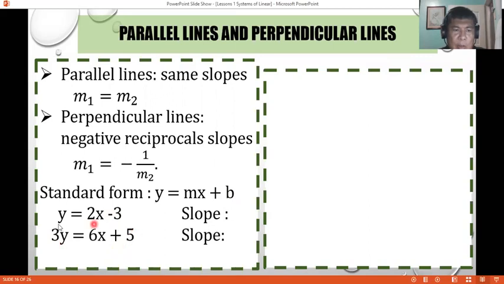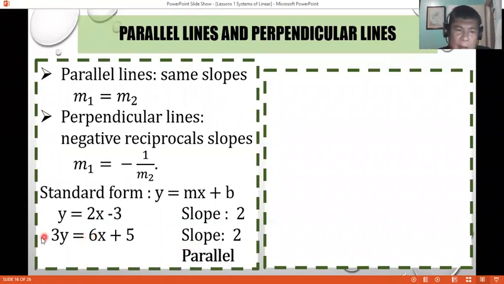So, kung ganito naman yung equation natin, divide both side by 3, magiging 1 na lang ito, 6 over 3, 2. Slope nito, 2 din. Mamaya makikita niyo. Yung intercept natin nun, 5 over 3. So, slope nito, 2. Slope nito, 2. Okay? So, parallel sila. Pag ganito, parallel.